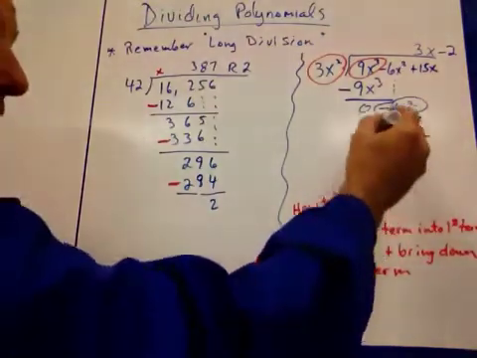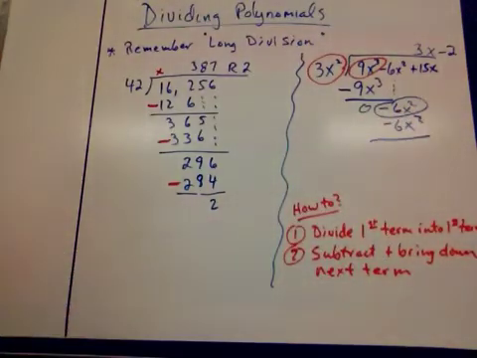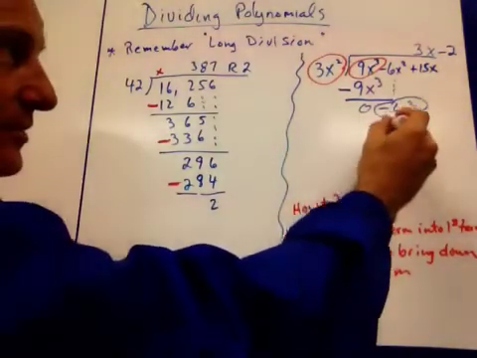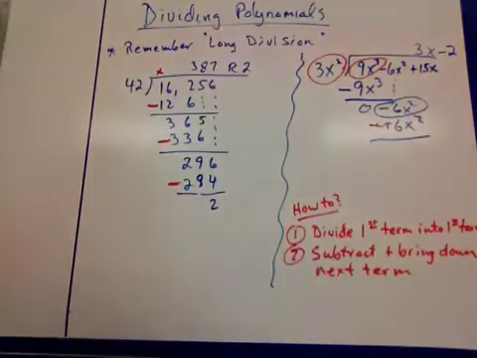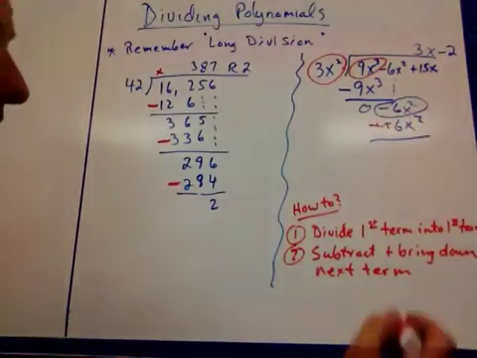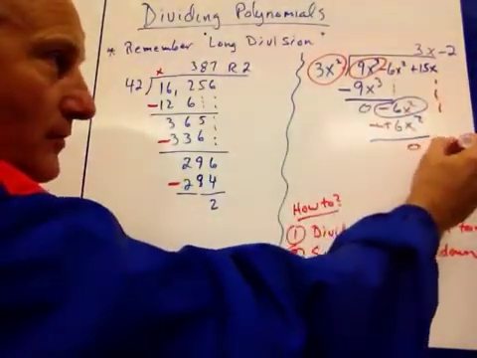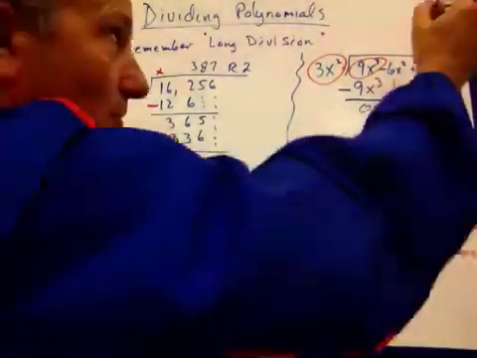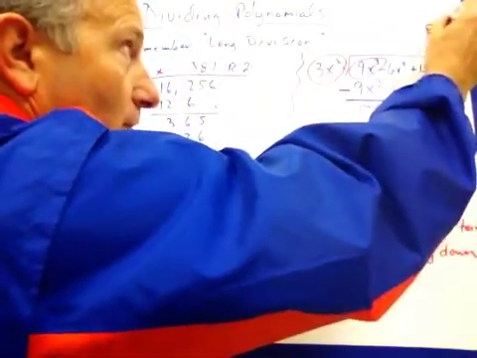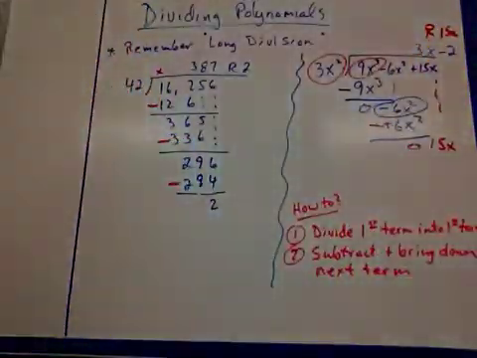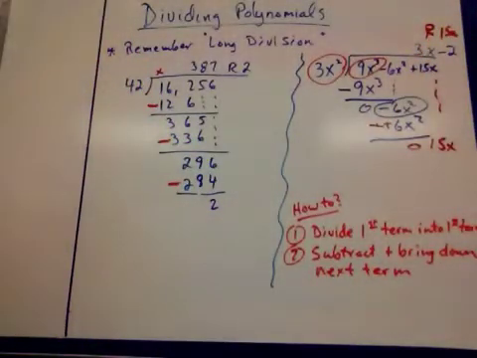Then I'm going to subtract, and when I subtract here, I've already got a minus, so when I minus the negative, I end up plusing it, right? Minus the negative is plus the positive, so I get 0. Here's the remainder. I bring down my 15x, that's my remainder. So I'll get a remainder of 15x. So that's what it's going to look like when I do that.